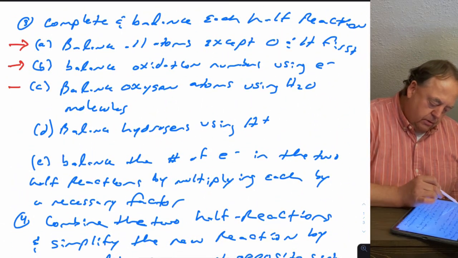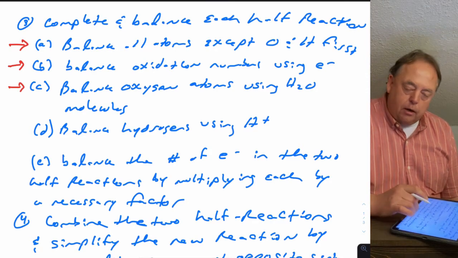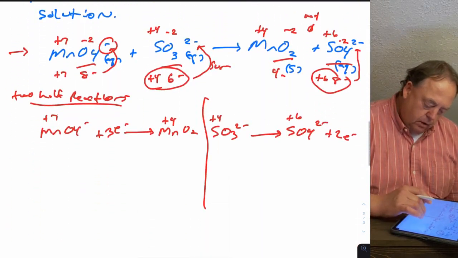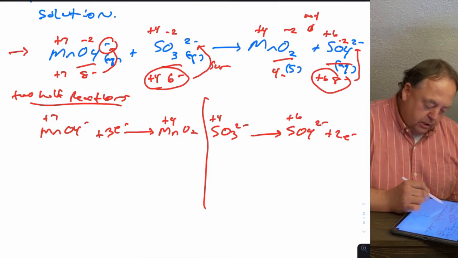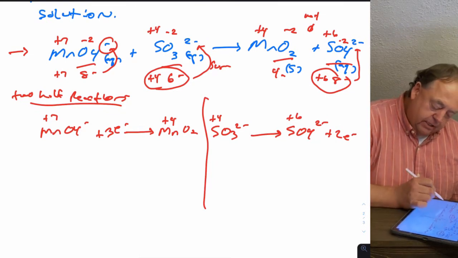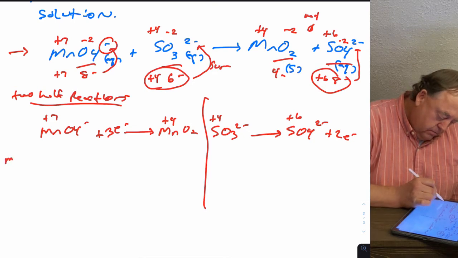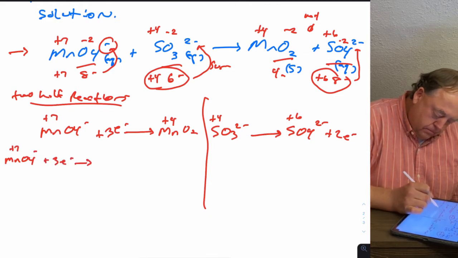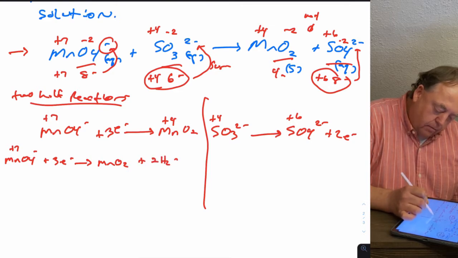Okay, so now we want to balance oxygen atoms using water molecules. We have 4 oxygens on the left for manganese, MnO4-, and we have 2 oxygens on the right. So we need the same number of oxygens. We need to add 2 water molecules to the right.